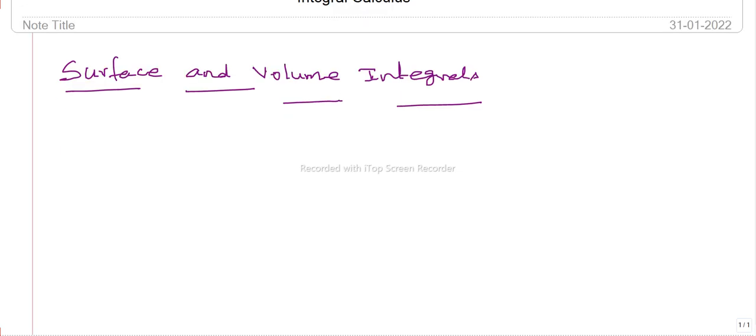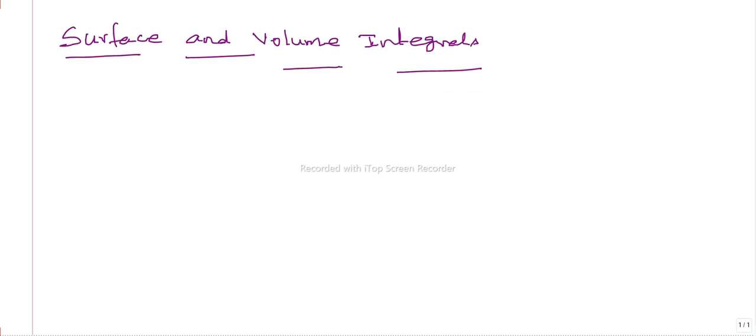Okay. So simply I can write, suppose capital F is a vector point function.